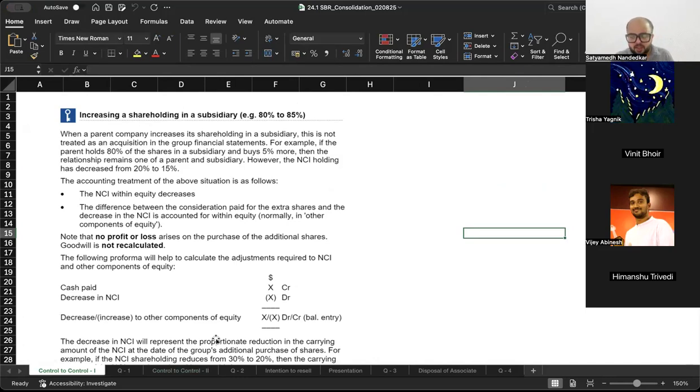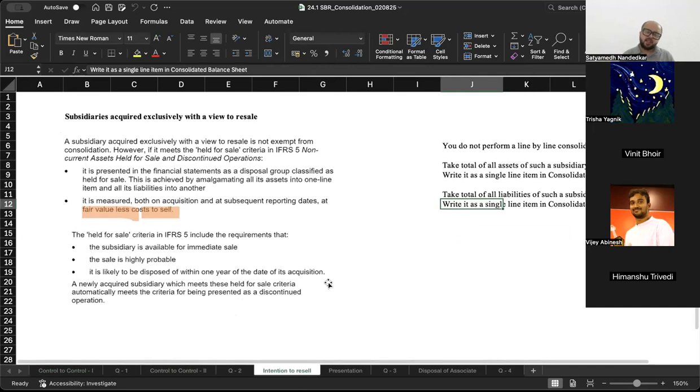Again, the status of the company is not changing. It was a subsidiary earlier, it is a subsidiary now. You have to compare the amount of cash paid with the amount of decrease in non-controlling interest, and the difference gets routed through other components of equity.